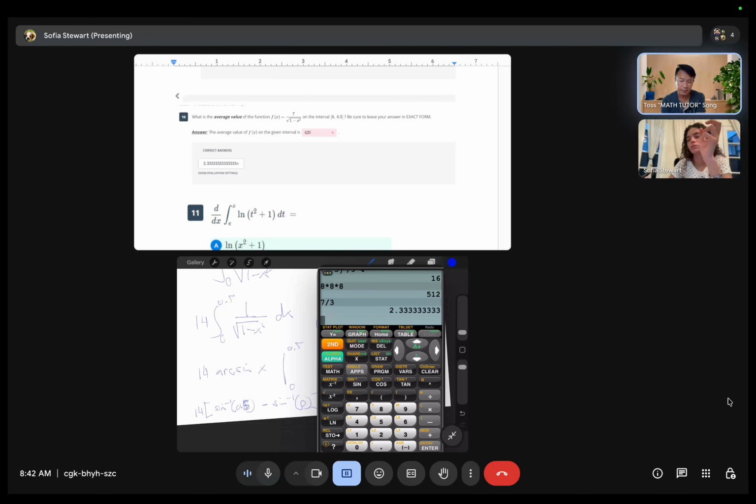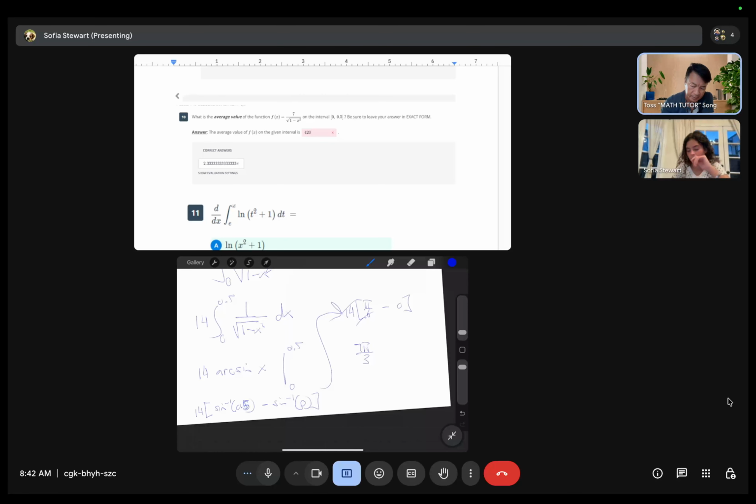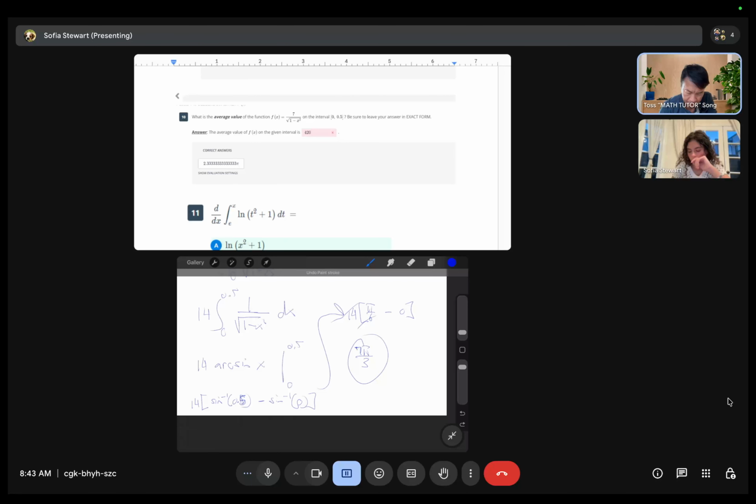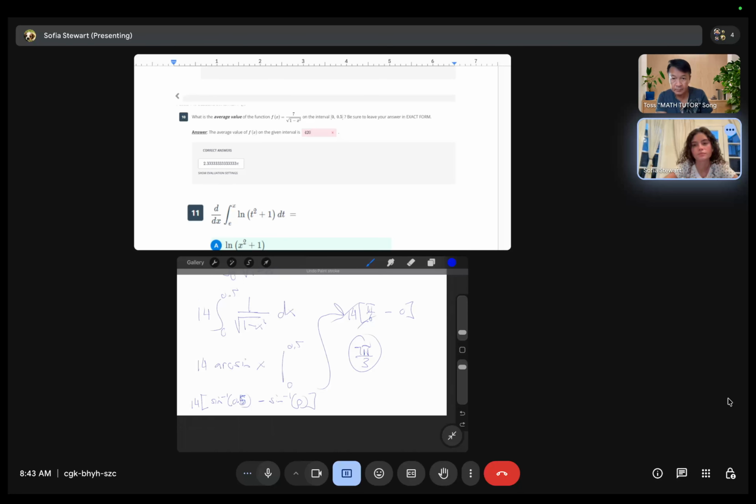Because 7/3 is 2.333, but you have pi right at the back there. You see it? So this is the exact answer here. There it is, 7 pi thirds. I hope you're okay with that.